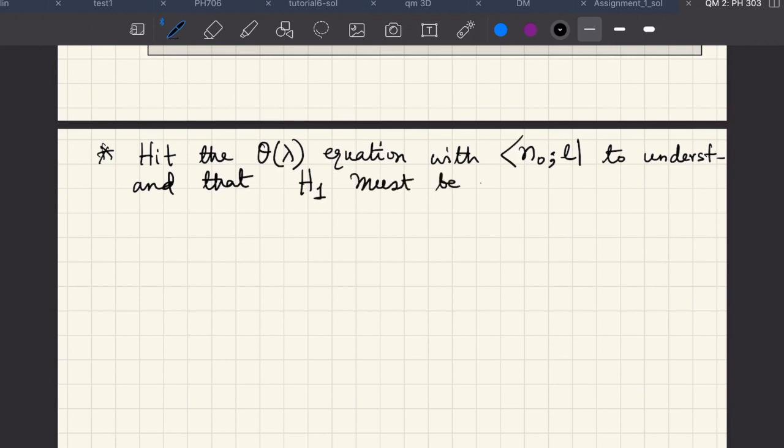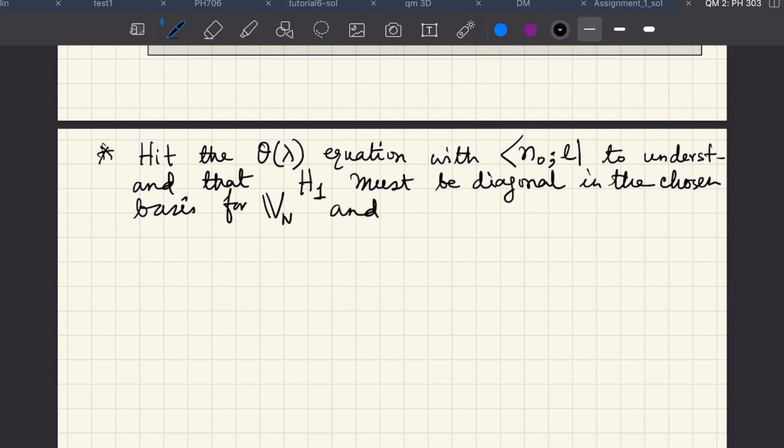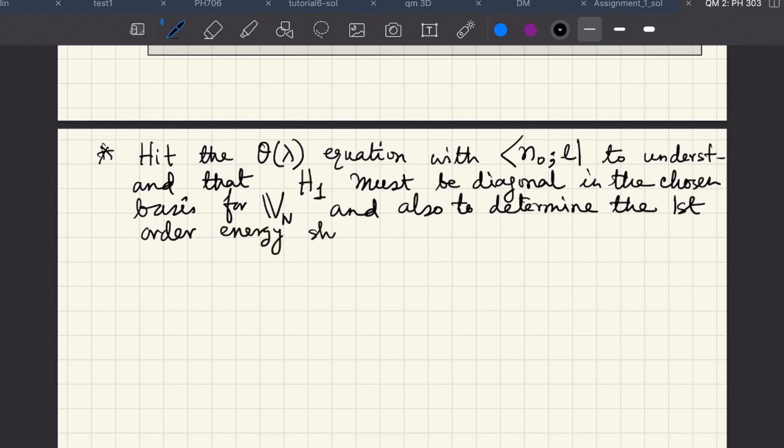First of all, this is one statement in the chosen basis for Vn, and also this will determine the first order energy shift or energy correction. That is the first step.